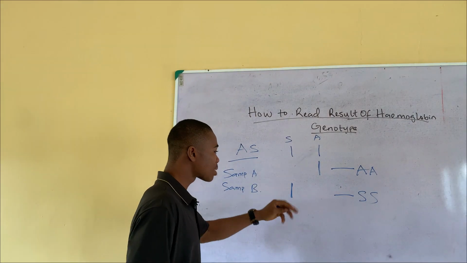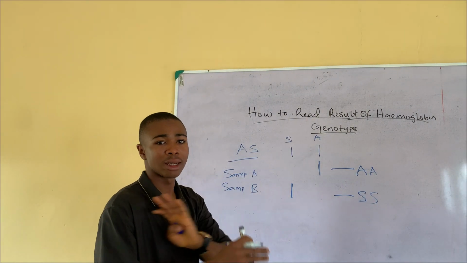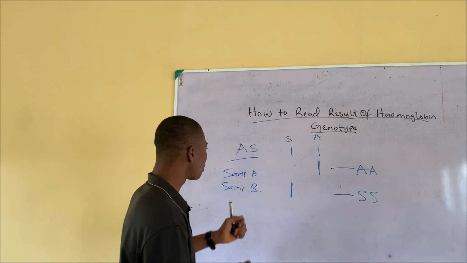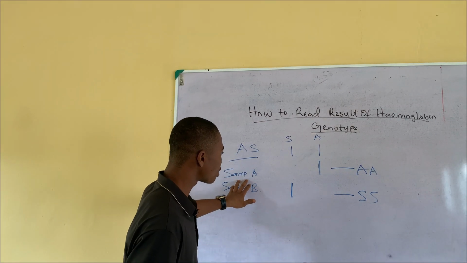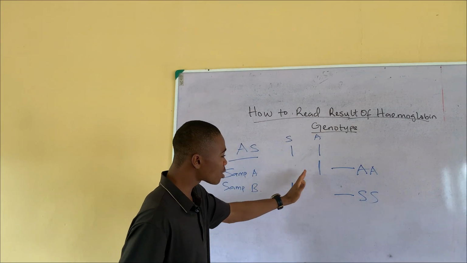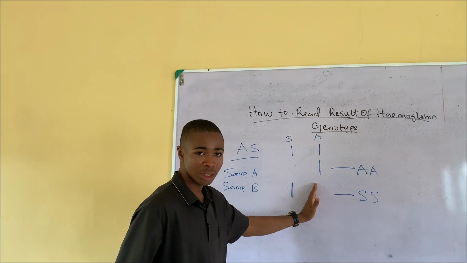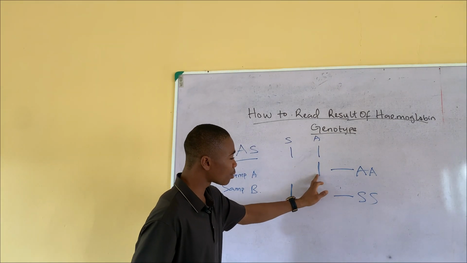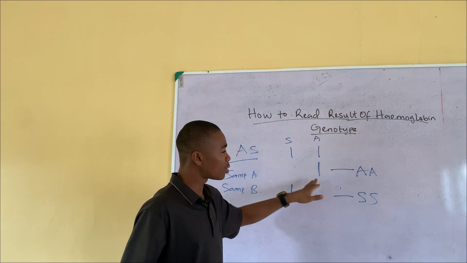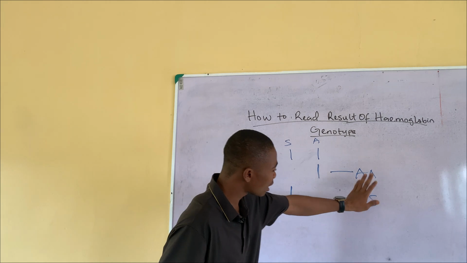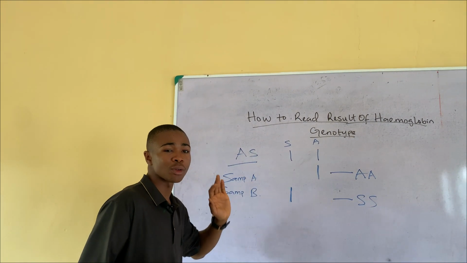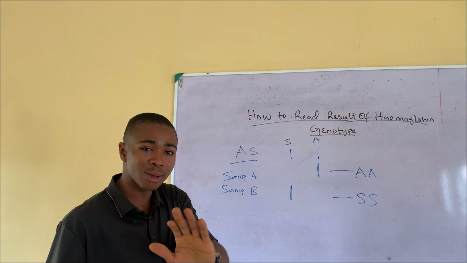It migrates based on the amino acids. So if you have sample A, it migrates to this level and it has a thicker band. You should know that sample is AA. And all of this happens on a paper which is known as the cellulose acetate.